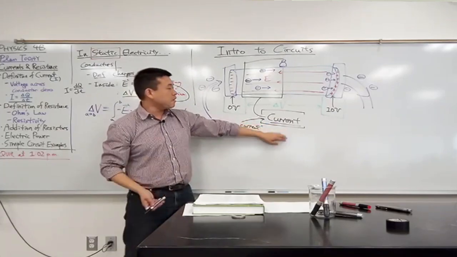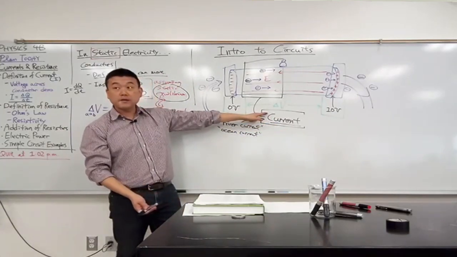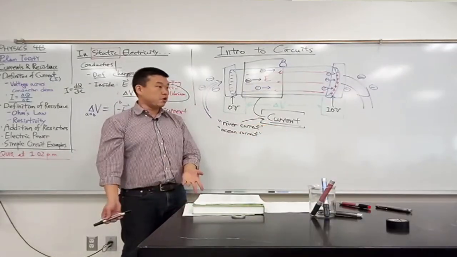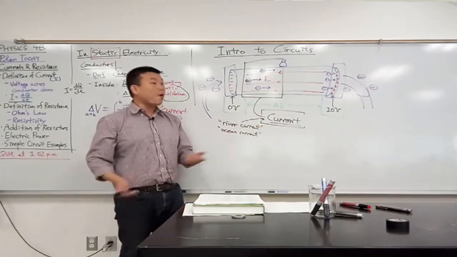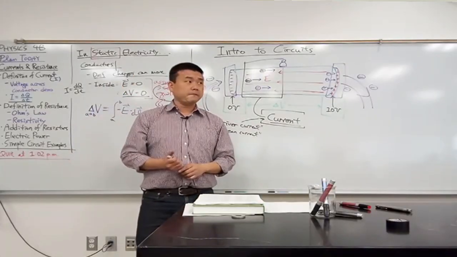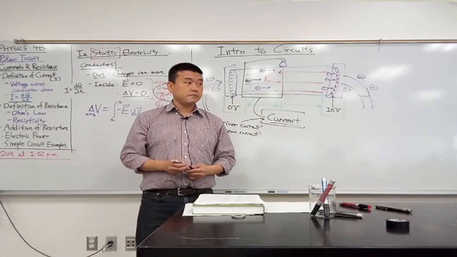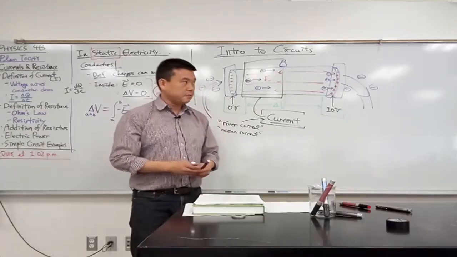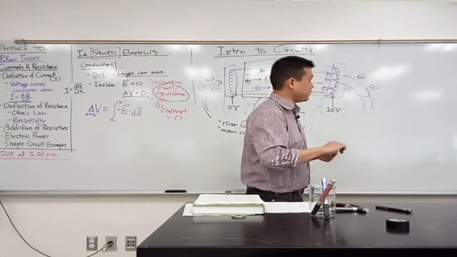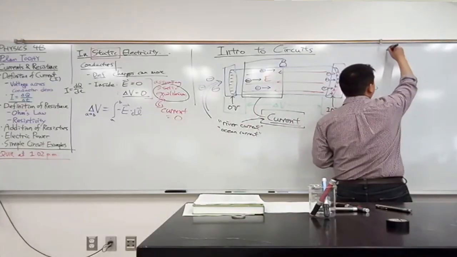So I want you to think of measuring this electrical current exactly the same way we would measure water current. If you have water current, in what units do you think you would measure it? Okay, so there are different ways of measuring water current. Imagine you have a pipe here.